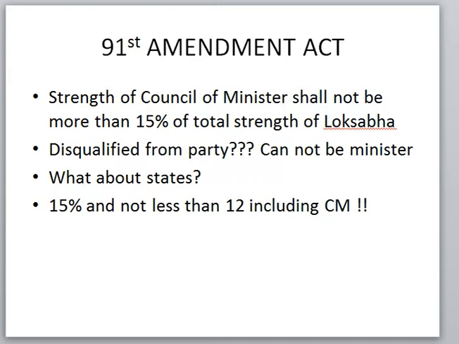Again, if a person is disqualified from his party in the state government, he cannot be a minister, as well as he cannot hold an office of profit under that particular state. So thus we have concluded this anti-defection law and the 91st Amendment Act.